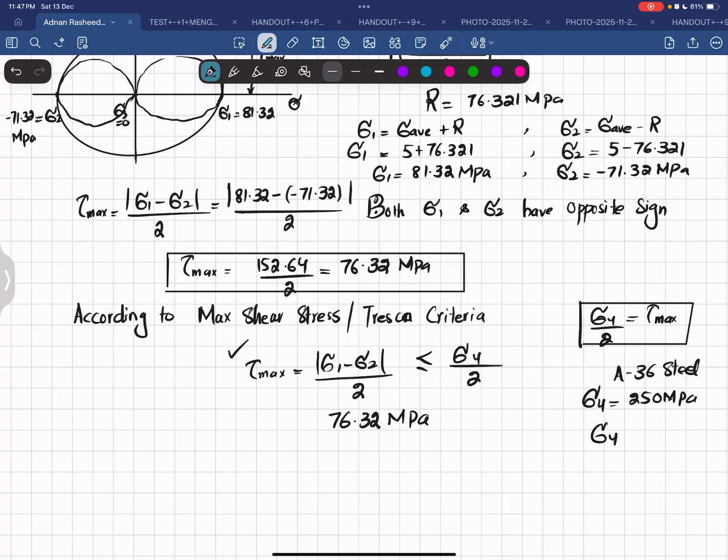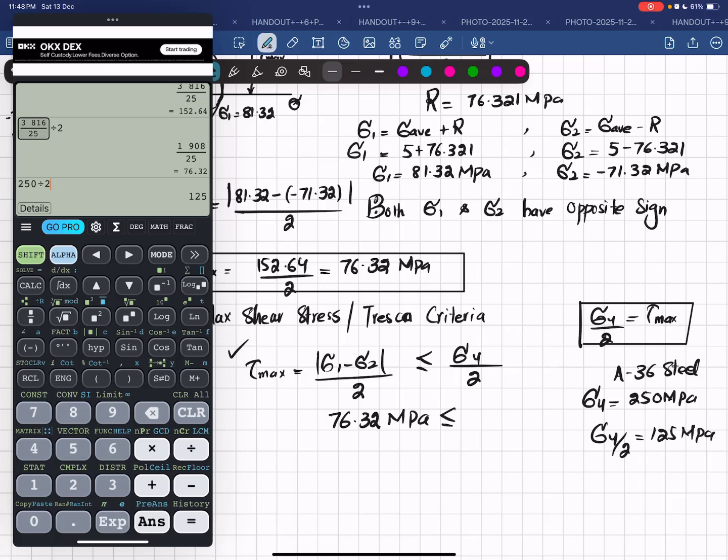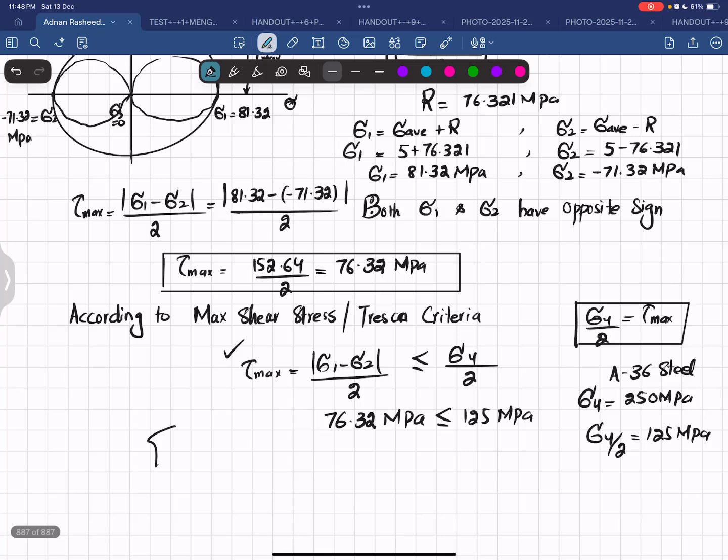So sigma yield is 250 megapascal, and sigma yield divided by 2 is 250 divided by 2, which is 125 megapascal. Clear? And you can see 76.32 megapascal is less than 125 megapascal.